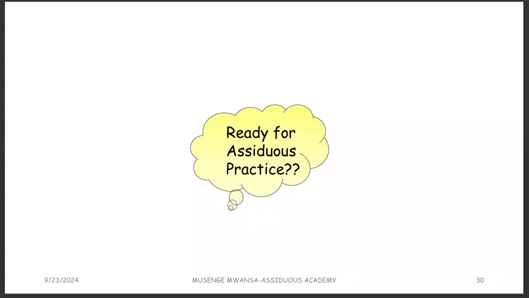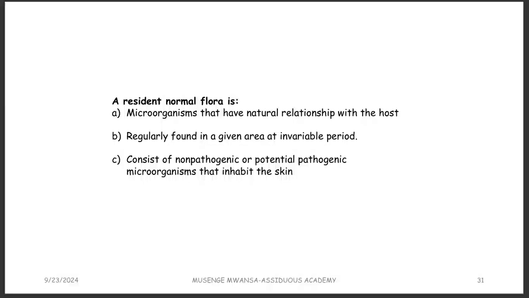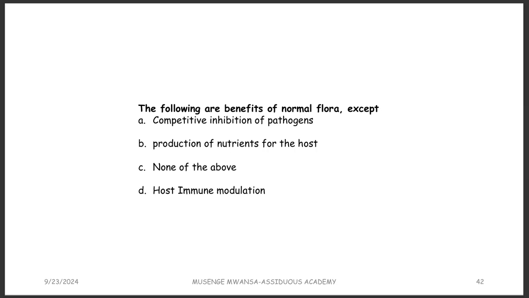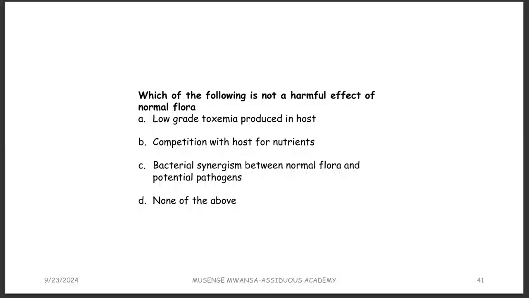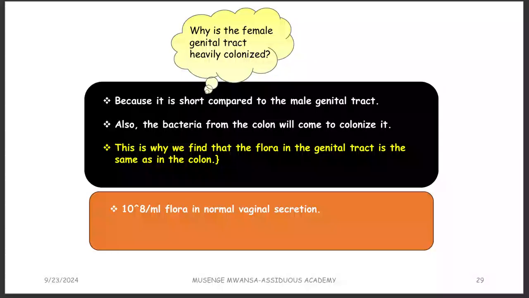So basically, that is it about normal flora. You can get to answer these questions for yourself. Let's see how many questions are there. Okay, let's try to answer them.